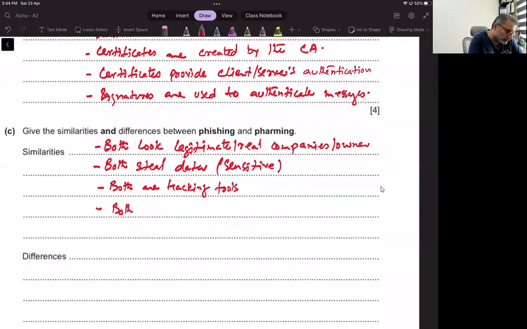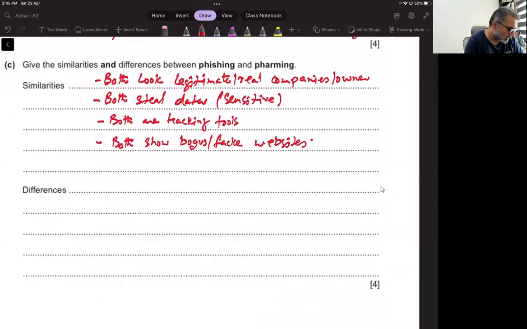Both show bogus or fake websites. I think these are okay.